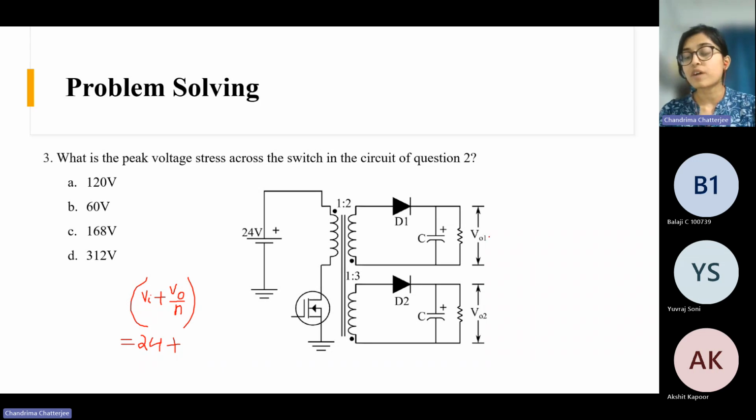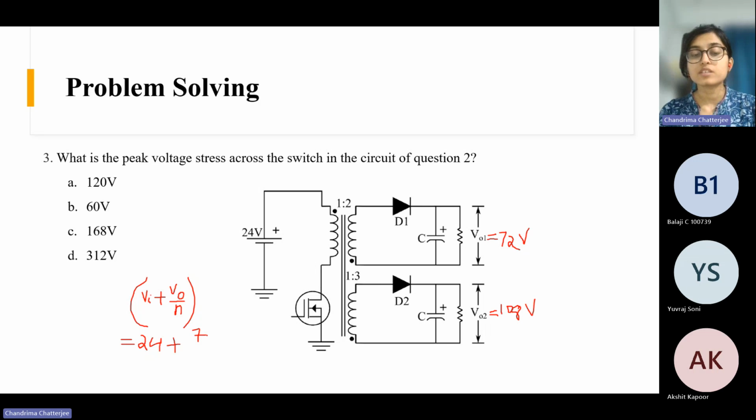This V naught one was 72 volt in the last question, and this was 108 volt. Suppose we take 72 volt.